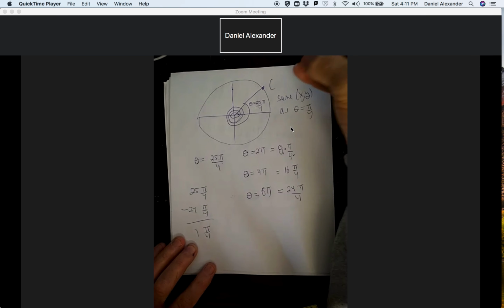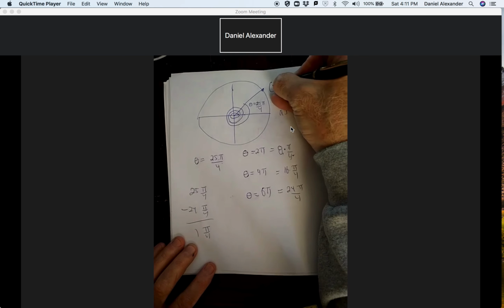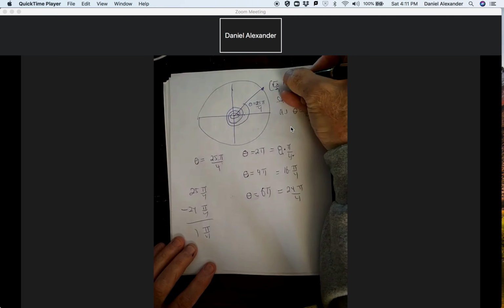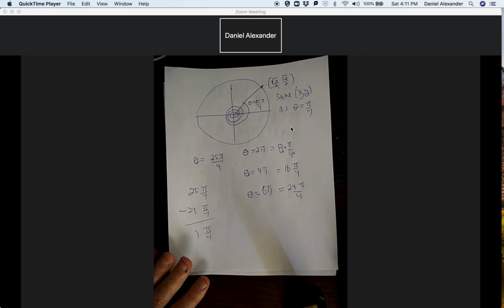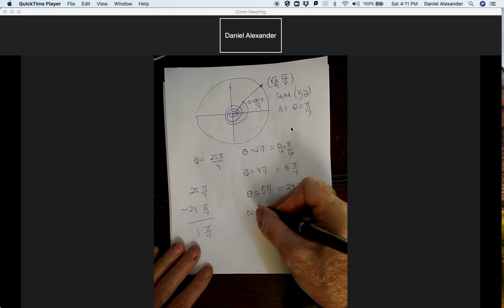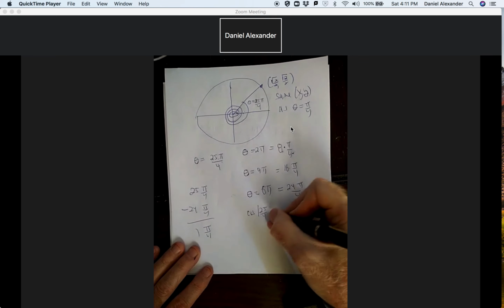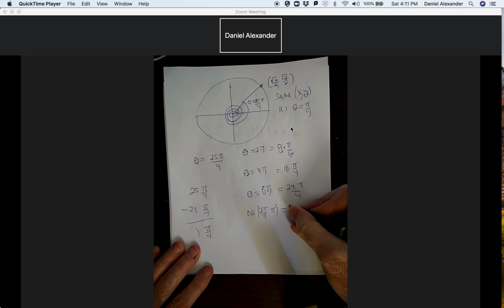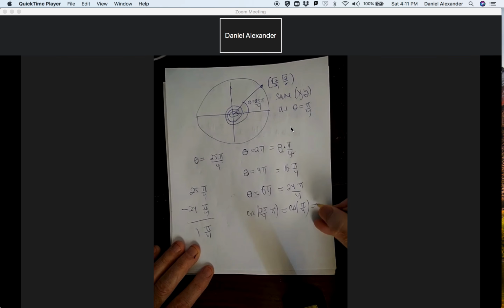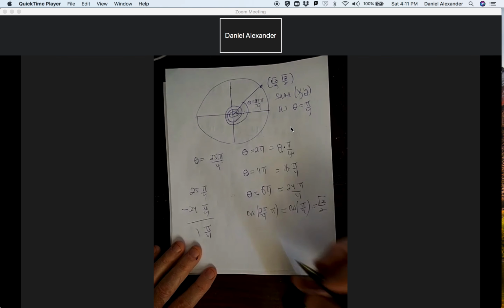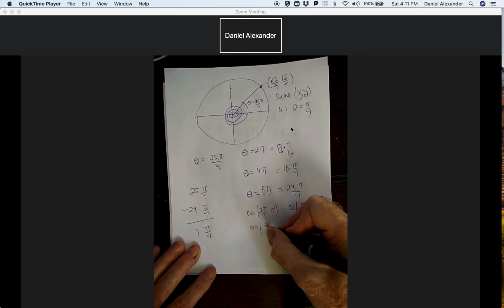Okay, so this is going to be equal to square root of 2 over 2 from what we saw before, square root of 2 over 2 here. Okay, so again, cosine of 25/4 pi. That's the same as cosine of pi over 4, which from our chart is square root of 2 over 2.